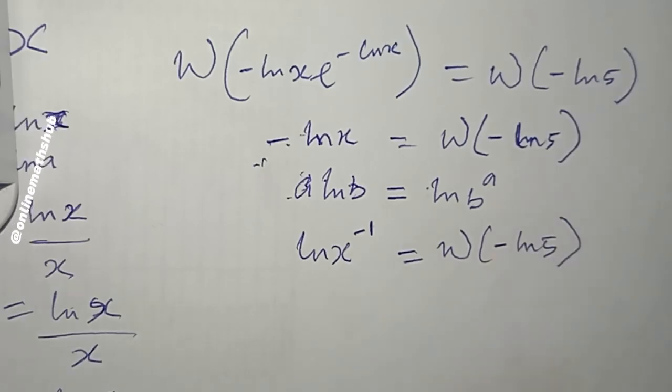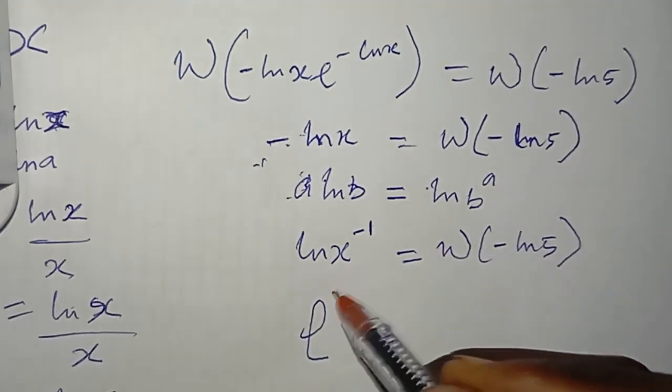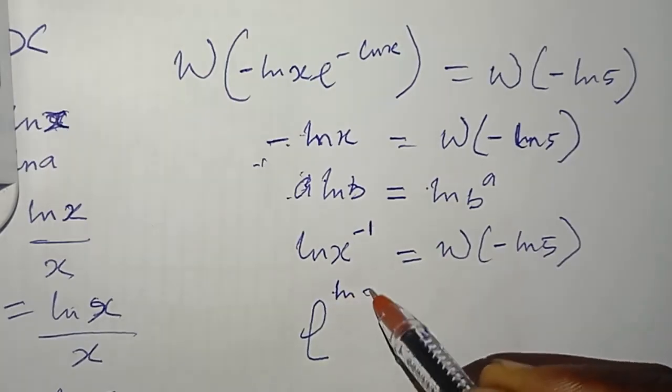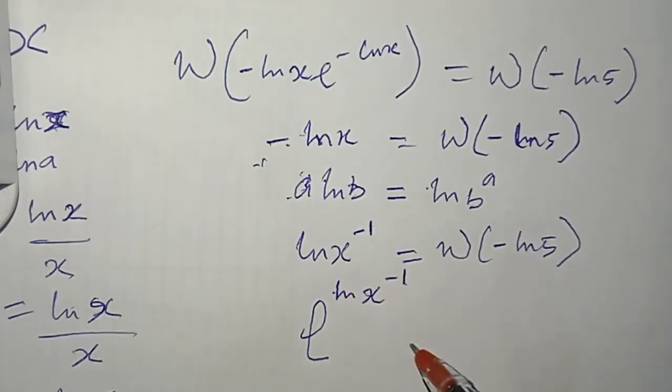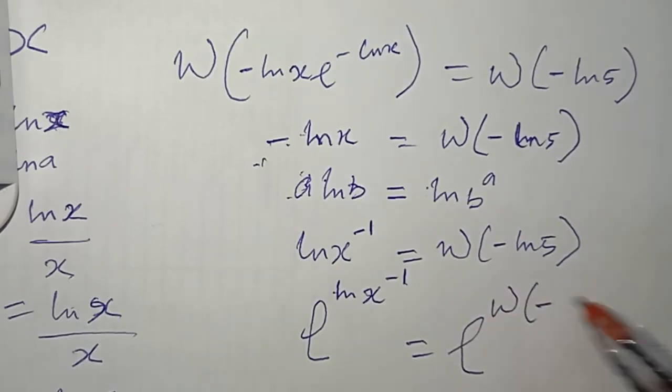Okay, so next I'm going to be taking the exponent of both sides so that I can remove this natural log right here. So we have exponential natural log of x to the power -1 is equal to exponential Lambda function of negative natural log of 5.